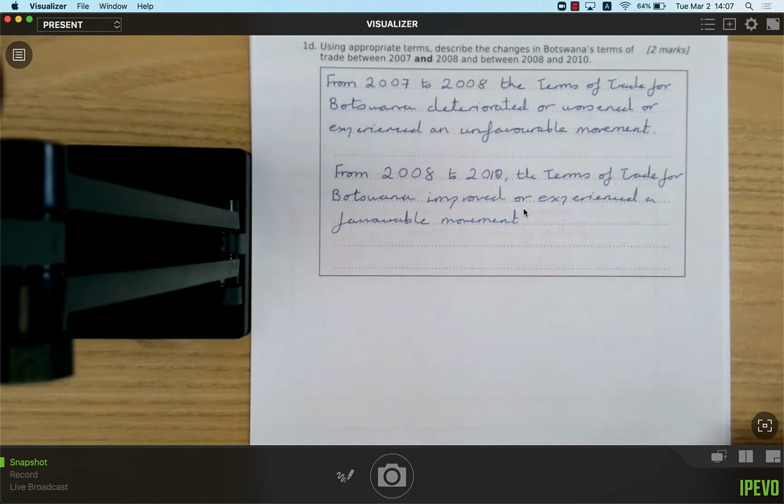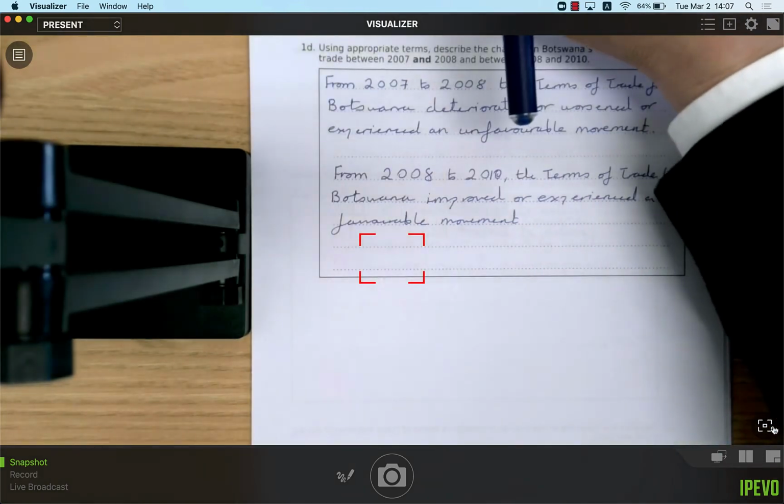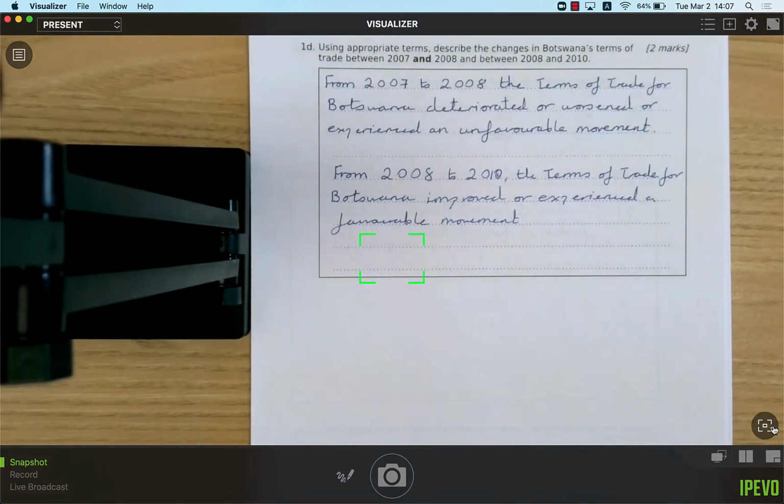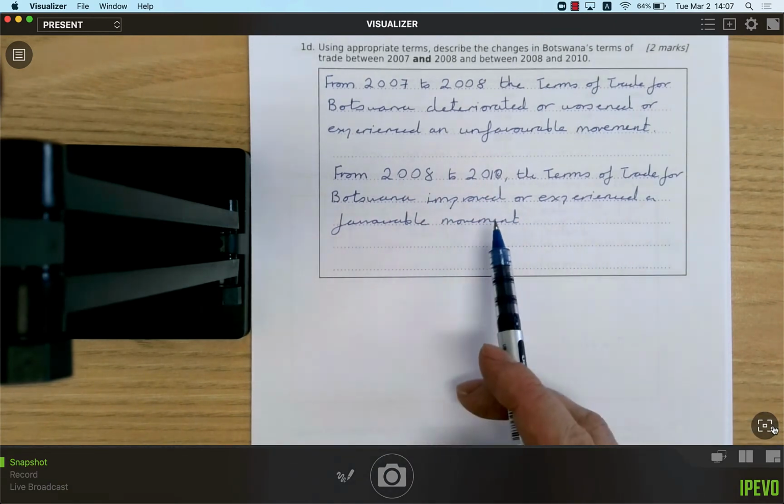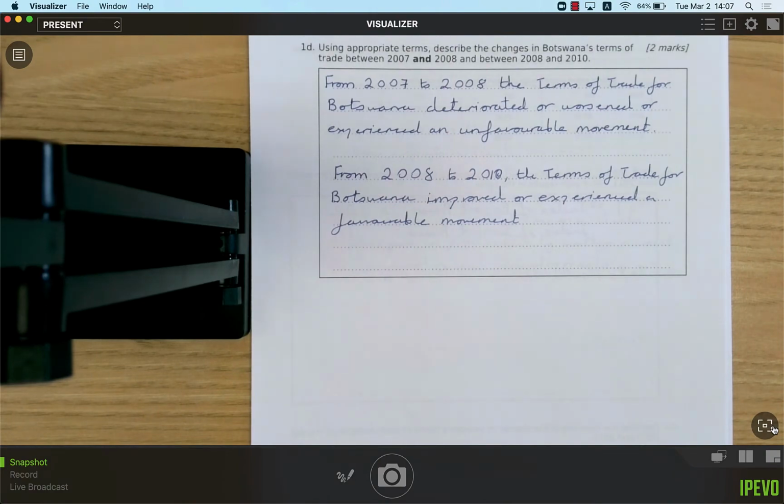That's its minus. That means that the average unit of our exports bought less imports than it did previously. And then from 2008 to 2010, the terms of trade for Botswana improved, or experienced a favorable change.